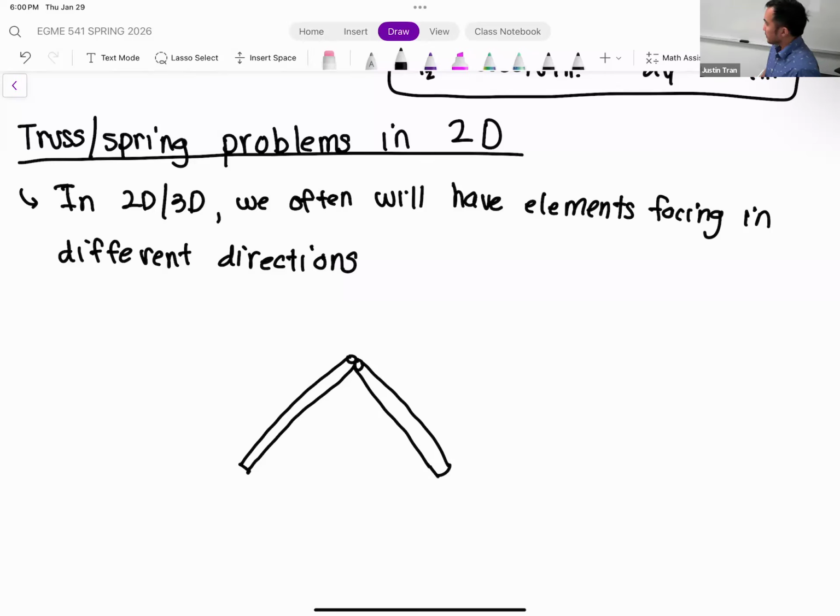Right, so our assumption up until this point for both truss and spring elements is that they are only capable of extension and compression. Okay?